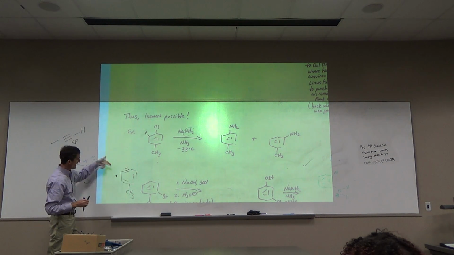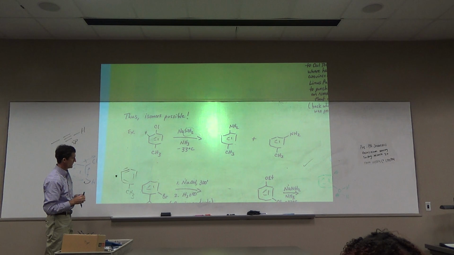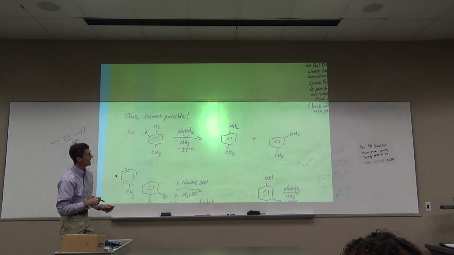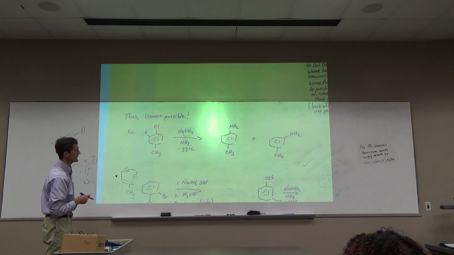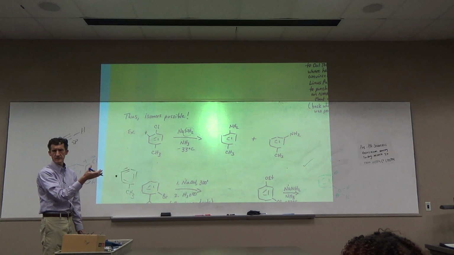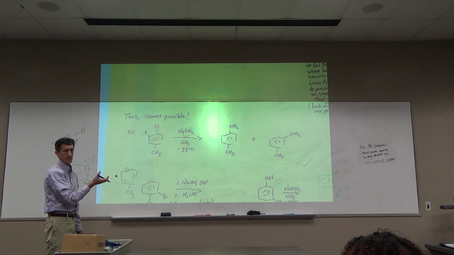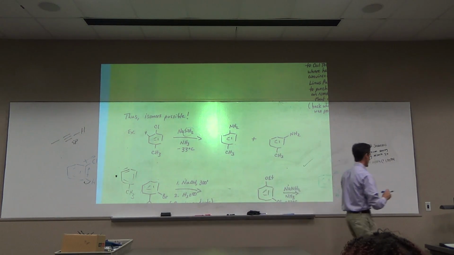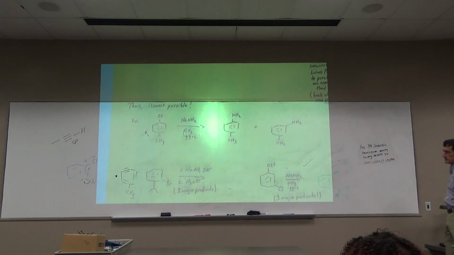And then the ammonia could add either here or here. And of course, if I made the triple bond over there, it's the same as this. All right, two different products. May or may not be 50-50, because one may be favored over the other. We may mention why a little bit later.